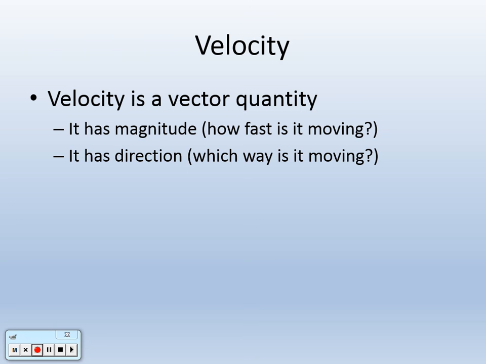We sometimes describe speed as the magnitude of velocity. Because what does magnitude tell us? How fast or how much, right? In the case of speed and velocity, how fast are we going? It doesn't matter which way you're going for speed, it does for velocity.